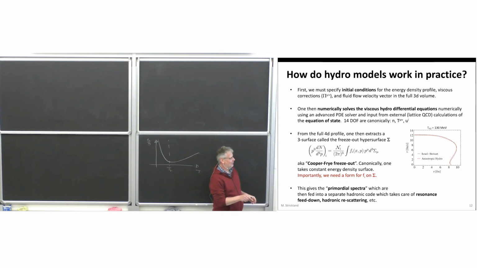And that's accomplished through a sort of canonical formalism, which is called Cooper-Frye freeze-out, where I have some model for the one particle distribution function. That's my little squeezed ellipsoid that's not perfectly thermal. P mu is encoding the momentum of each of these particles as they fly on out of the hypersurface here.